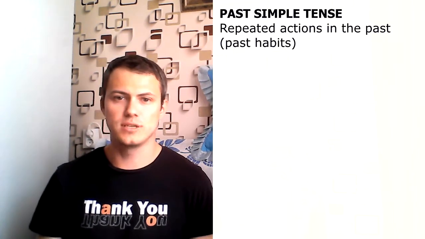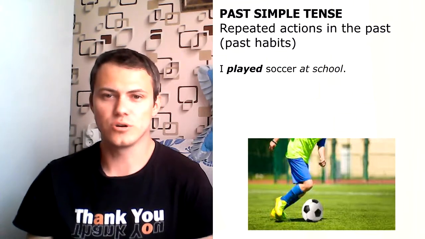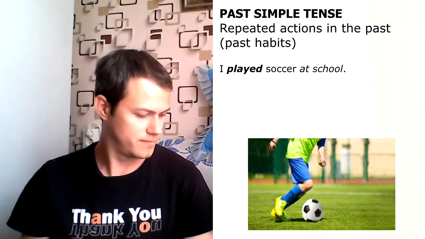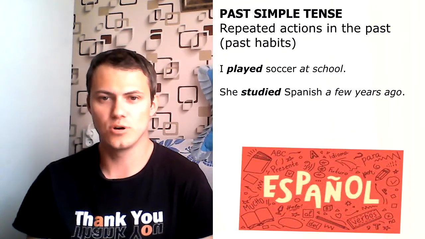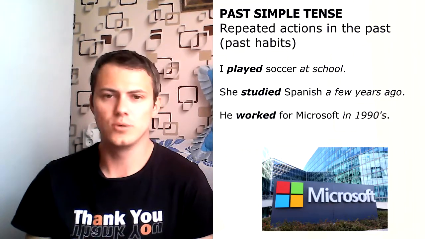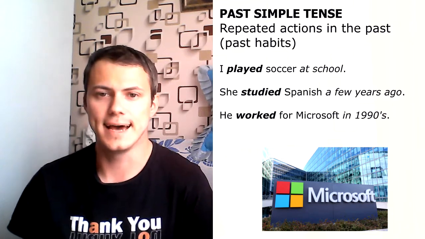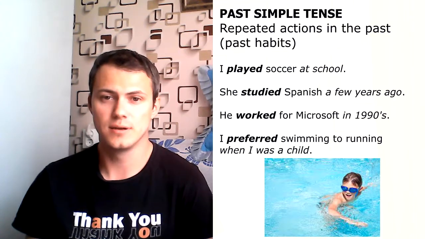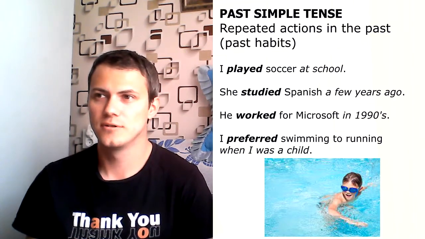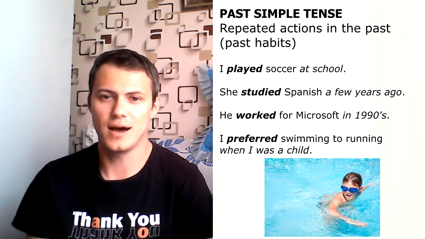For example, I played soccer at school. She studied Spanish a few years ago. He worked for Microsoft in 1990s. I preferred swimming to running when I was a child. For me, that's true now too, actually.